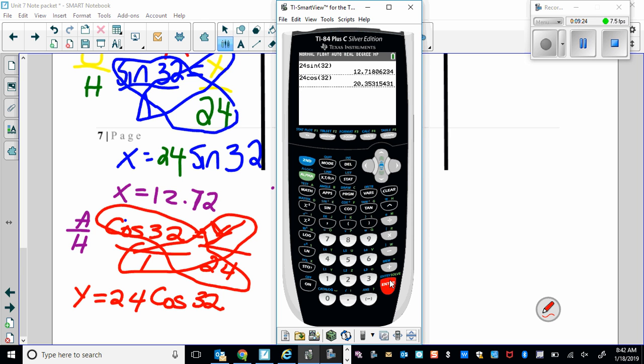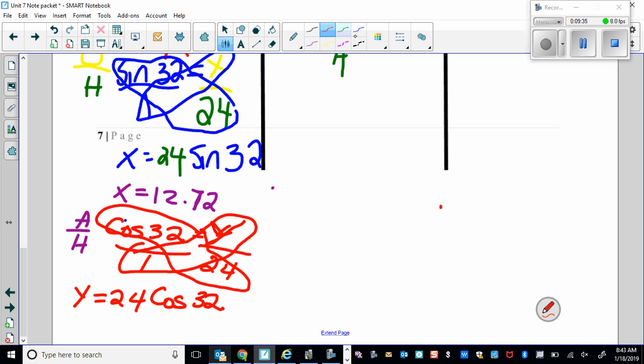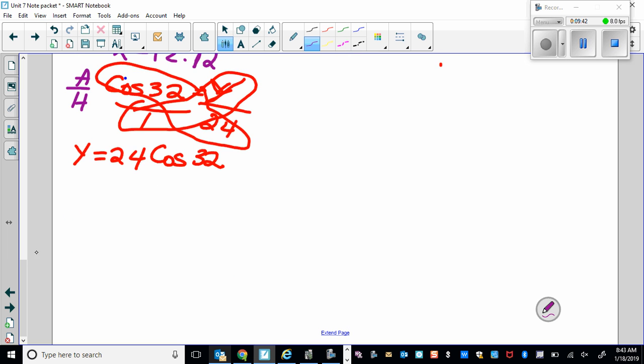But if I decided to do a squared plus b squared equals c squared, you just have to remember, let me use a different color, maybe purple, and just put it down a little bit. So I have 12.72 squared, to solve for y is what I'm talking about, plus y squared equals 24 squared. So after you solve for x, you can do it that way.